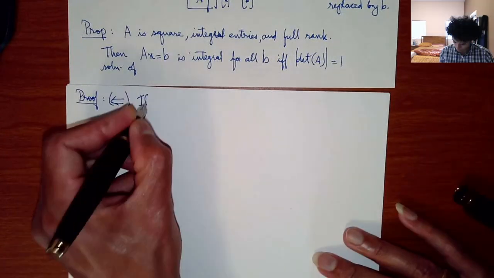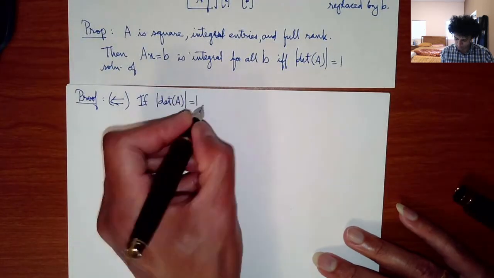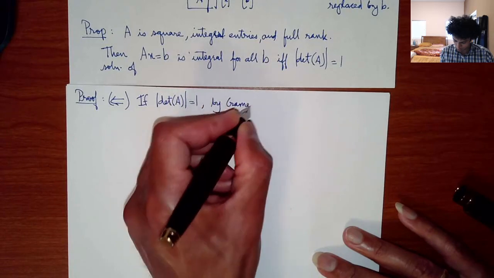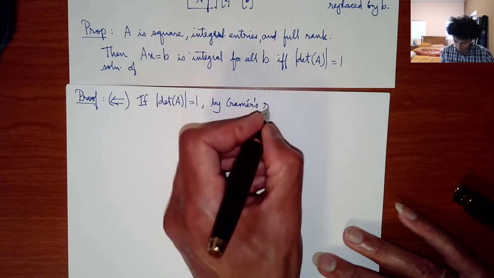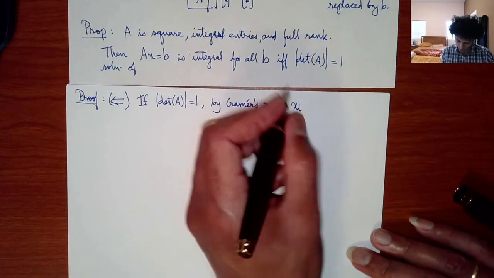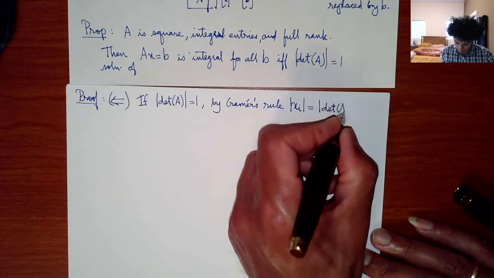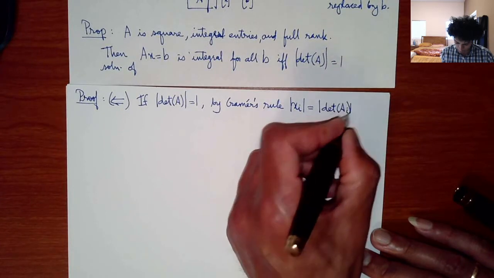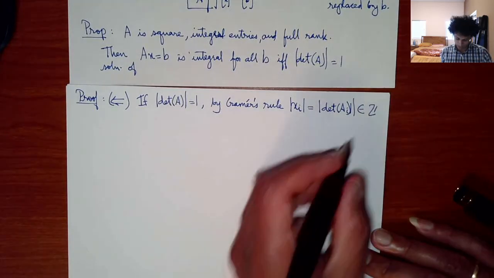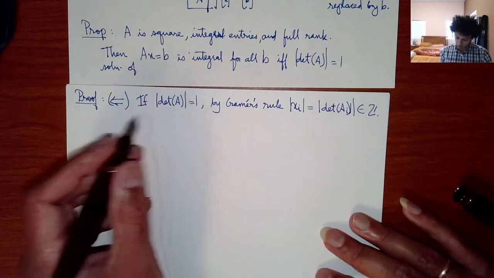If the absolute value of the determinant is 1, then by Cramer's rule, the absolute value of xi is just equal to the absolute value of the determinant of Ai, which is going to be an integer, right? Because all the entries that we're talking about are integral. So if the determinant is 1, then by Cramer's rule, all of these are integers, and we're done.